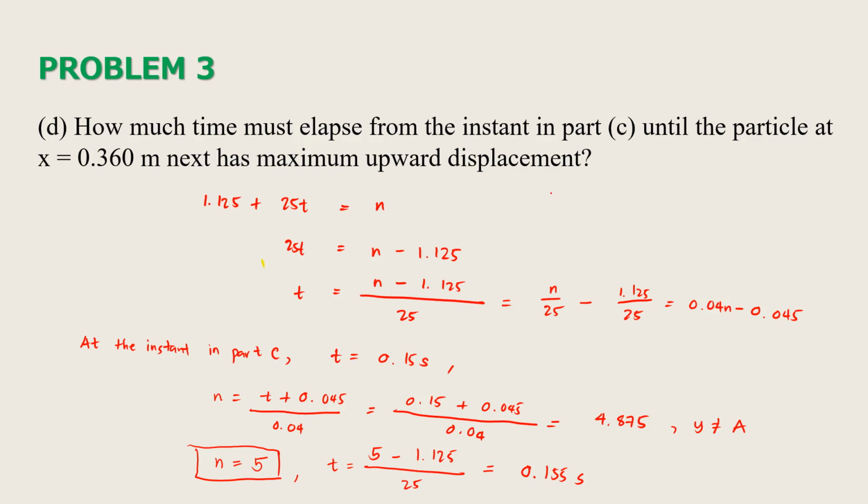And thus, delta t is equal to t final minus t initial. So we have 0.155 seconds minus 0.15 seconds. So we have 0.005 second. So this is the time elapsed.